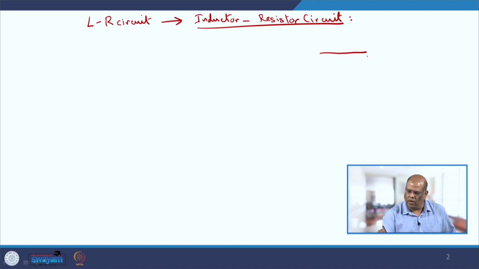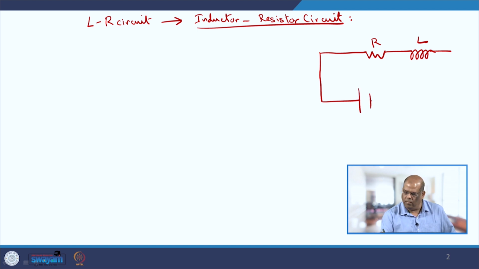You have a resistance R with an inductor L, the battery from where the voltage will come, and the switch which is called the key.